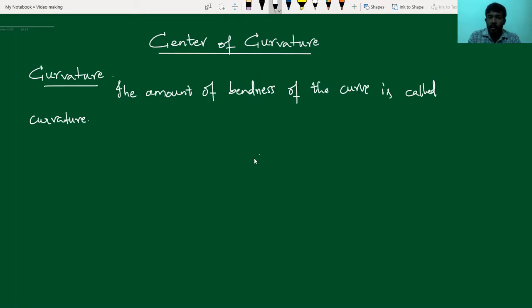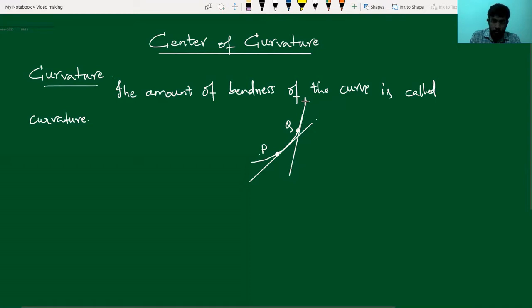For that, we take an arbitrary curve. Now I'm interested in finding the amount of bendness in this curve from the point P to the point Q. For that, we draw a tangent to the curve at point P and one more tangent to the same curve but at the point Q. We consider one more line which acts as a reference line, or we call this as an initial line.